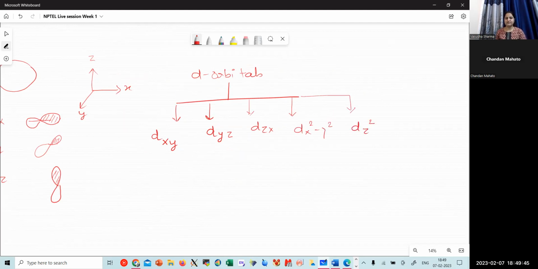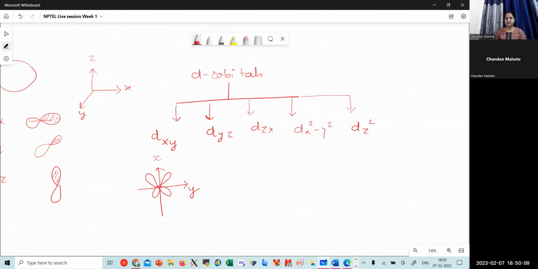If I define the axes, since dxy involves two axes, I am giving it as x and y. So dxy, dyz, and dzx lie in between the axes, so we have to draw them like this.